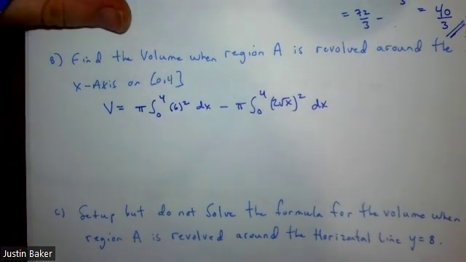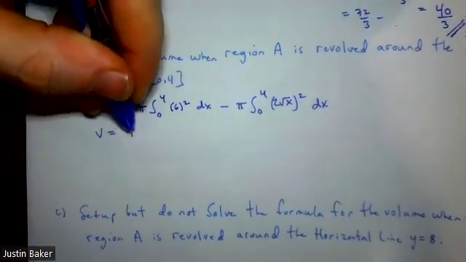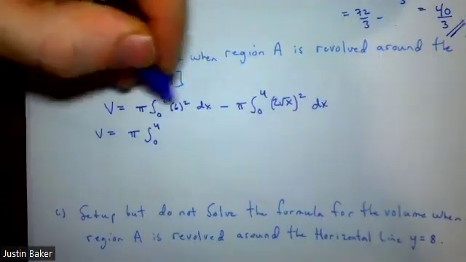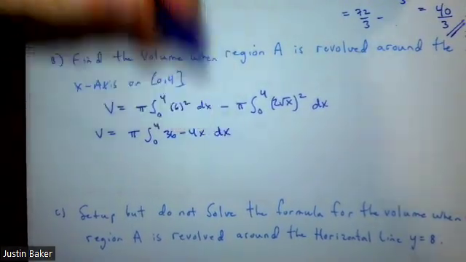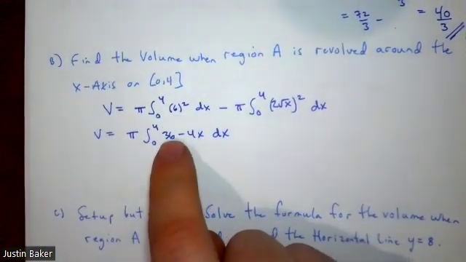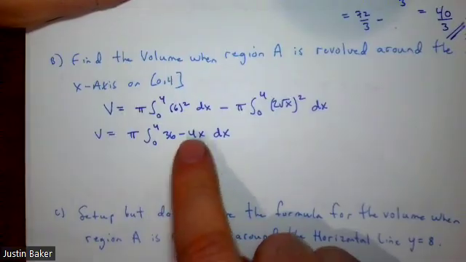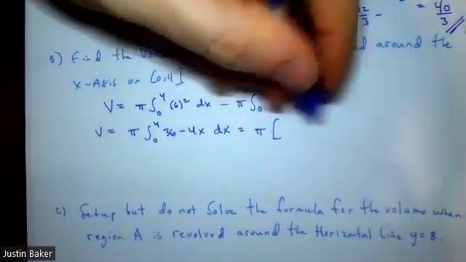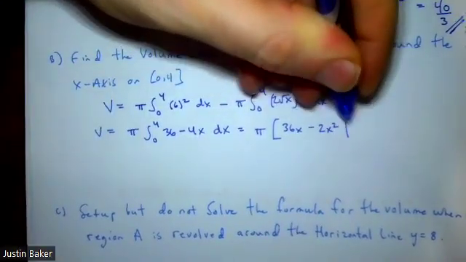And then after that, you just have math to do. So volume is equal to pi, and this is going to be from 0 to 4. Let's combine this and say it's 36 minus 4x. 36 is 6 squared, and 2 root x times 2 root x is 4x. If you integrate that, this would be pi times 36x minus 2x squared.